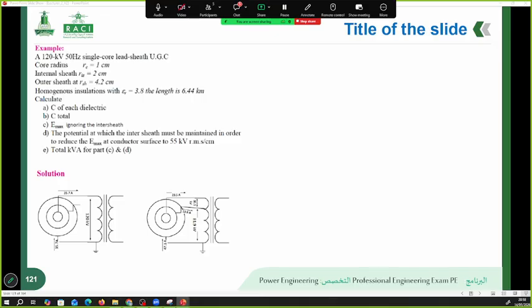Furthermore, the example introduces the concept of stress control by asking for the optimal potential to be applied to the intersheath in order to limit the maximum electric stress to a specific safe value of 55 kilovolt RMS per centimeter. Finally, it evaluates the total reactive power in kilovolt amps for both operating conditions, emphasizing the practical implementation of capacitance and electric stress management in high voltage underground cables.